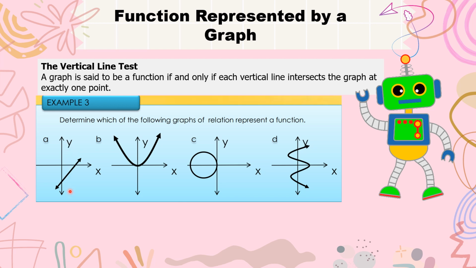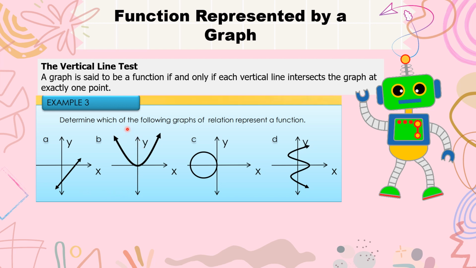So let's have letter A. So let's say we will draw a vertical line here. Isang point lang yung kanyang masasagi. Pag nag-drawing ako ng vertical line naman dito sa kabila, again, isang point lang yung kanyang masasagi. So letter A is a function.